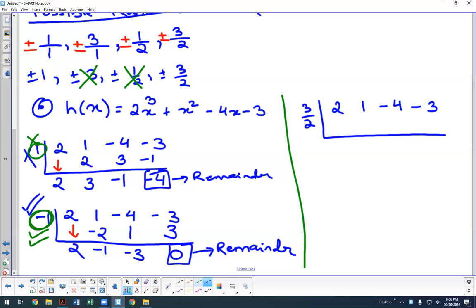This is a 3rd degree polynomial. So remember, at most, it should have 3 roots. What do we get with positive 3/2? So when you're multiplying 3/2 with 2, what are you going to get?